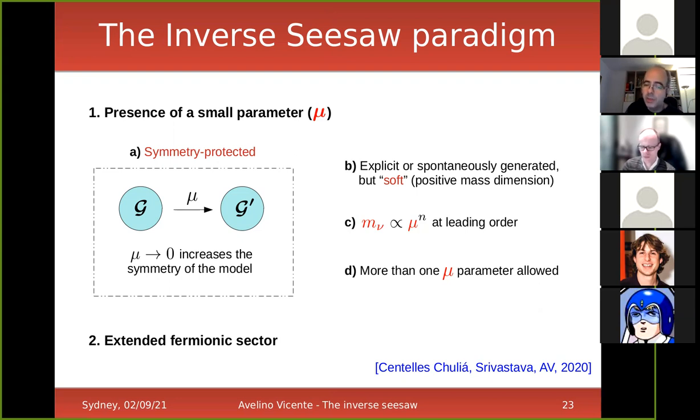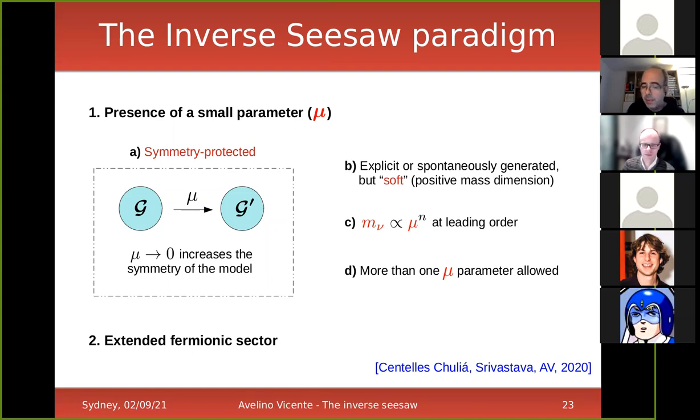And because of that, since we are assuming that the mu parameter is very small, neutrino masses will become small automatically due to this connection. And finally, I just wanted to make a comment about the possible existence of more than one mu parameter in general models. Typically, you take one, but there can be more than one.